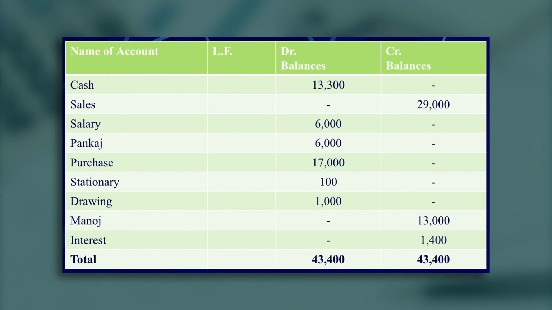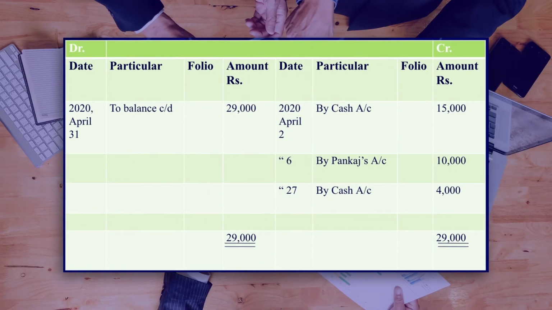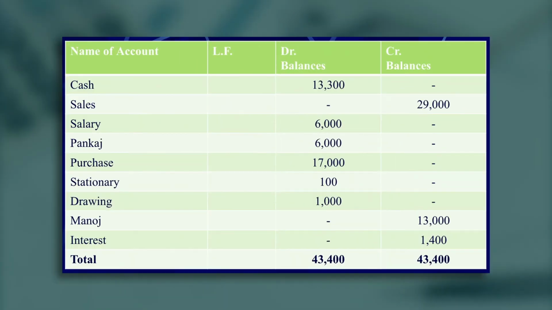Then sales account, we have a credit balance of 29,000. Kindly check. Yes, sales account 29,000, because the credit side is more than the debit side, therefore it is a credit balance. So 29,000 we have already written in the trial balance.